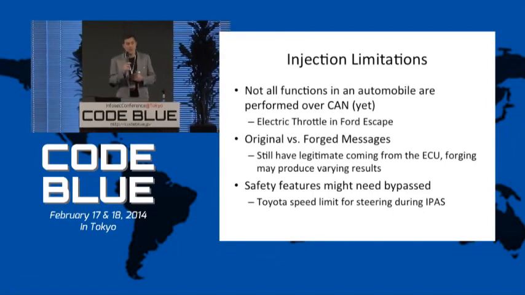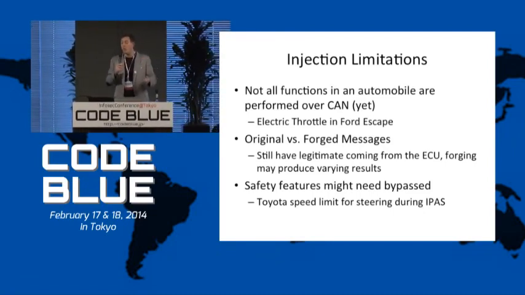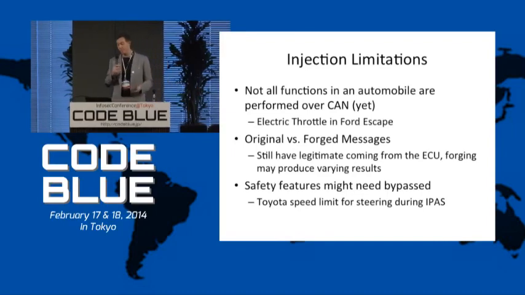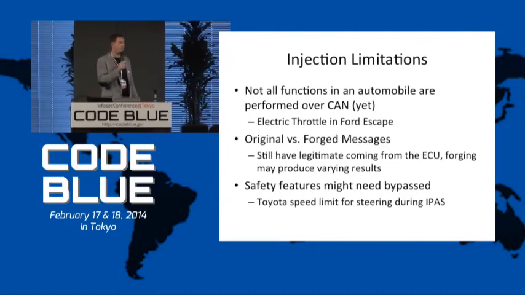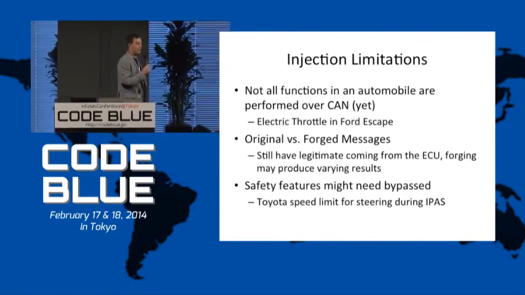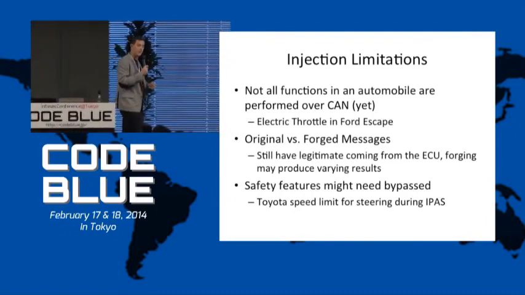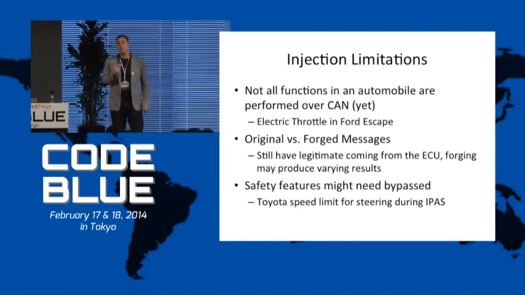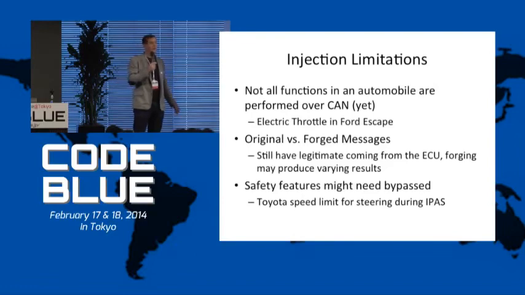Not everything is done by CAN in cars. It's going to the point where more and more things will be on the CAN bus, but right now everything isn't. You have to realize too, when you're forging these messages, you're competing with the actual ECU that's sending the legitimate data. For example, the accelerator data, the actual pedal and sensors are sending the correct messages on the CAN bus.